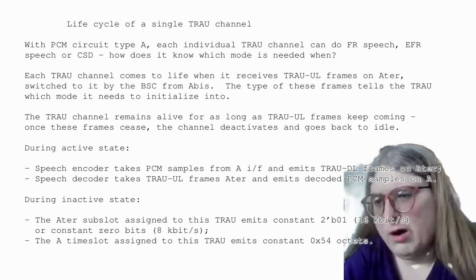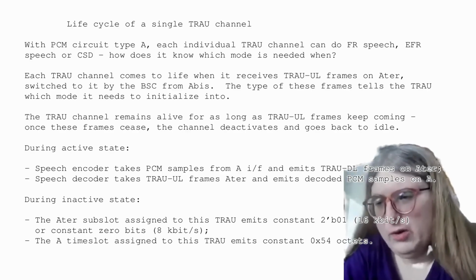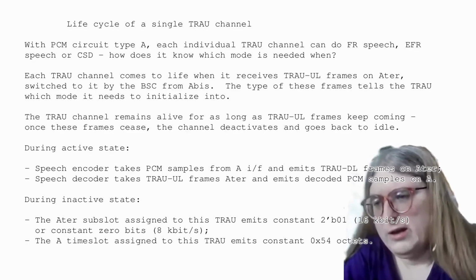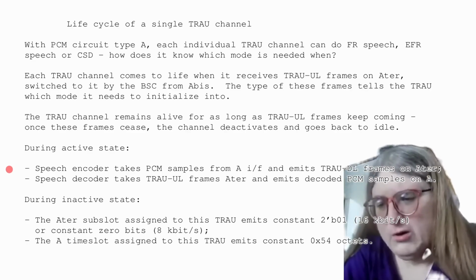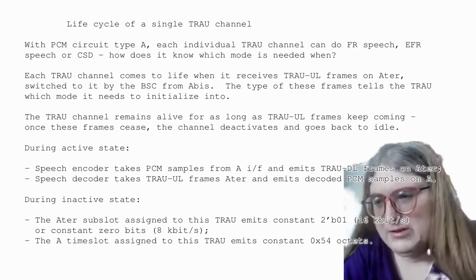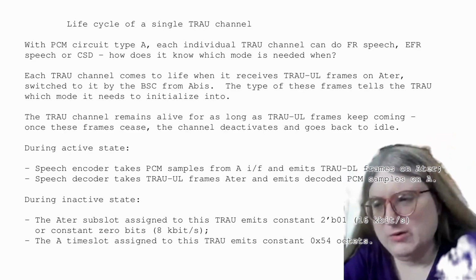And so in this mode, there is no way of choosing codecs. In this mode, it will always be full rate on the circuit type A and half rate speech on circuit type B. So I don't see data modes in this loopback or anything like this, or EFR. But of course, that's the test mode.